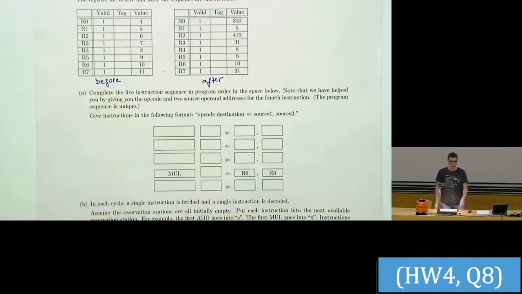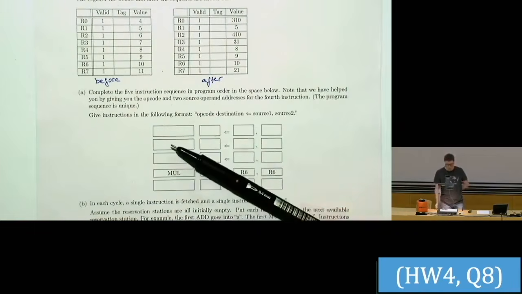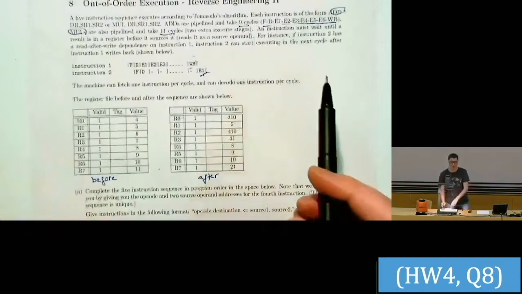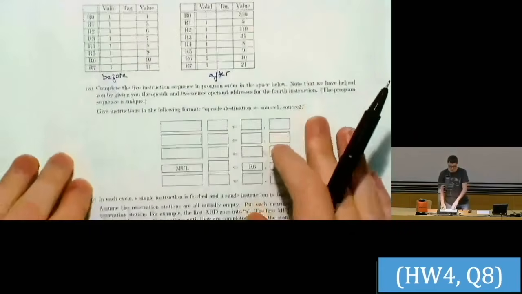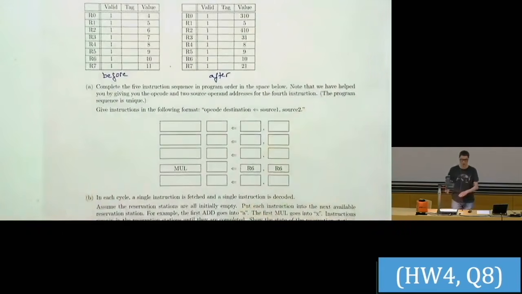Yes? In the previous question, we said that if there is a data dependency, we can only start decode after the write back finishes, and now we're assuming that we can start executing after the write back finishes. Right. That's because of the difference between in-order execution and out-of-order execution, specifically with Tomasulo's algorithm. So here it is a little bit different. You will see as we solve the question.